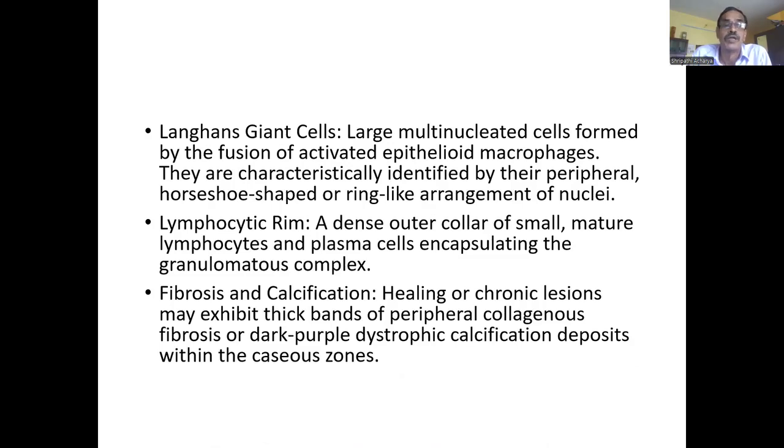Lymphocytic ring: a dense outer collar of small, mature lymphocytes and plasma cells encapsulating the granulomatous complex. Fibrosis and calcification: healing or chronic lesions may exhibit thick bands of peripheral collagenous fibrosis or dark purple dystrophic calcification deposits within the caseous zones.